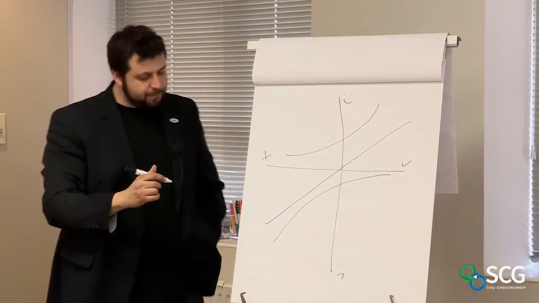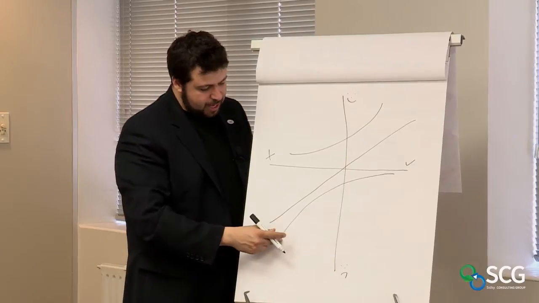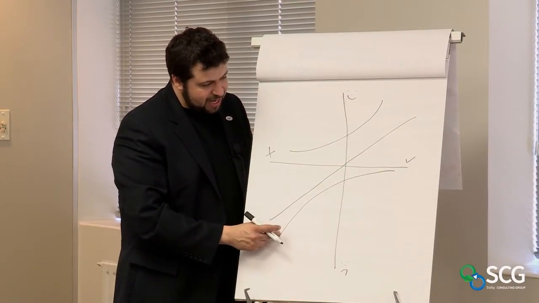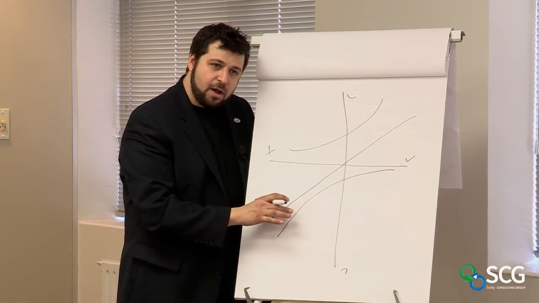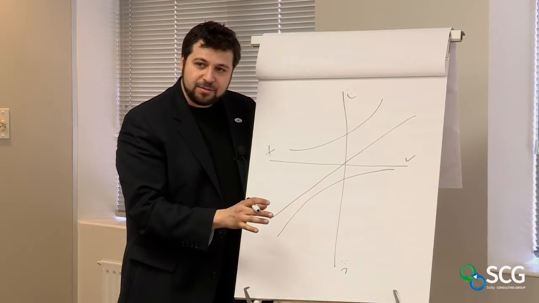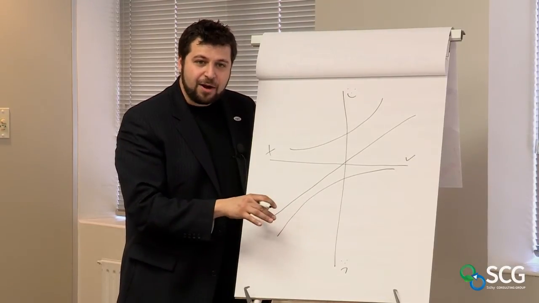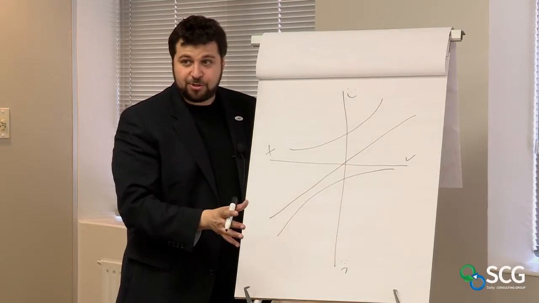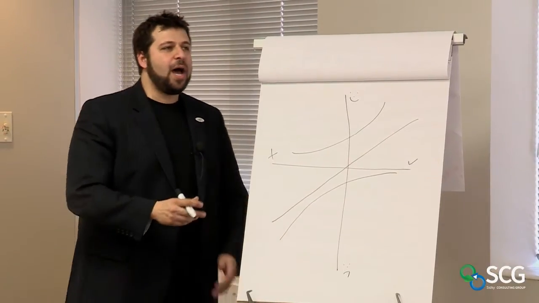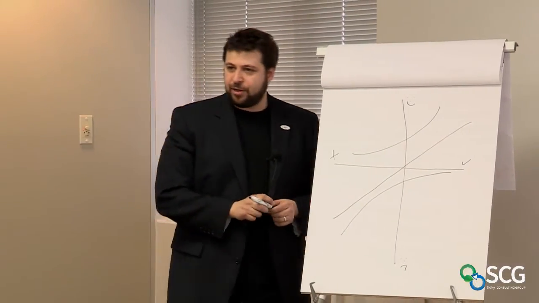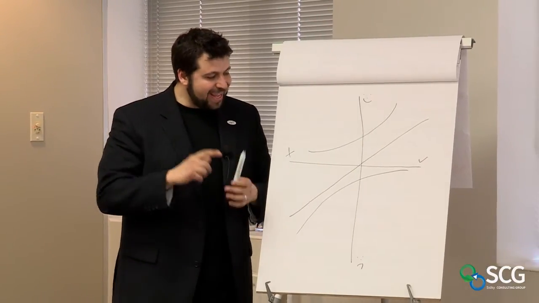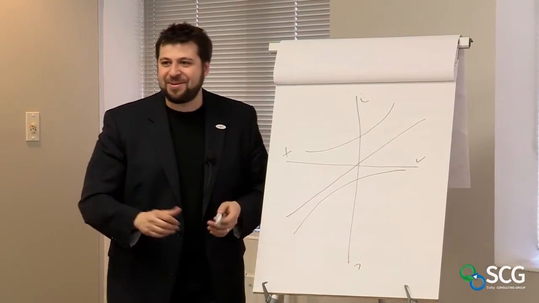Let me explain this. The basic needs are things that if they're there, they don't cause any happiness, but if they're not there, they cause extreme displeasure. As an example, I'm staying at a hotel over here. I walk in and there's toilet paper.